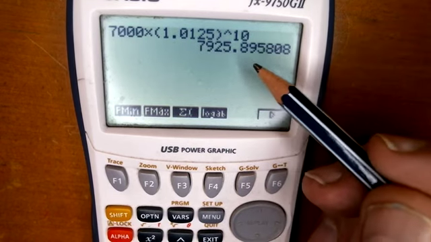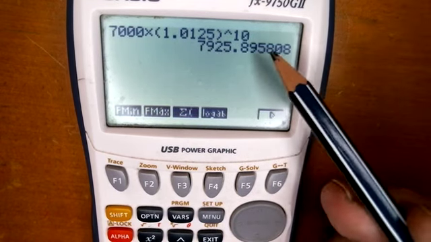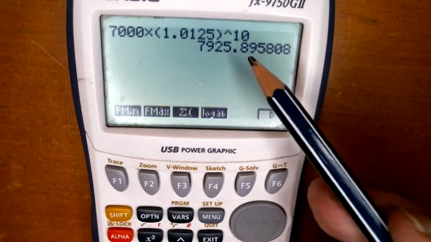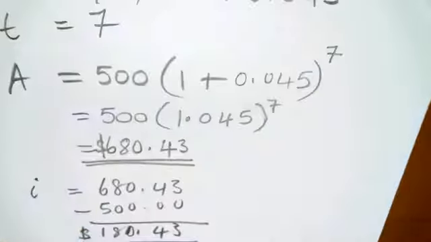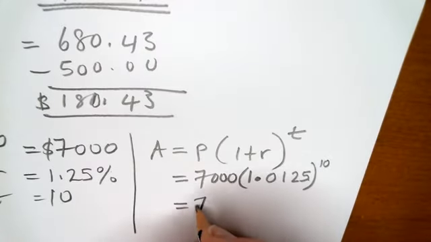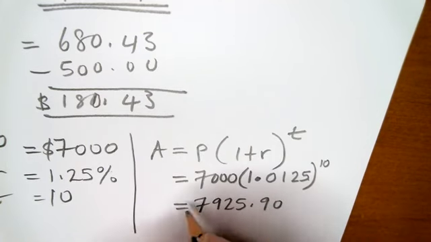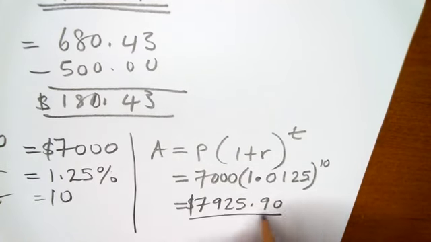Now we've got 0.895, so we're going to bump up that 9 to a 10, so it's going to be 7925.90. There it is. Equals $7925.90. These are dollars, and that's the total amount, including the interest.